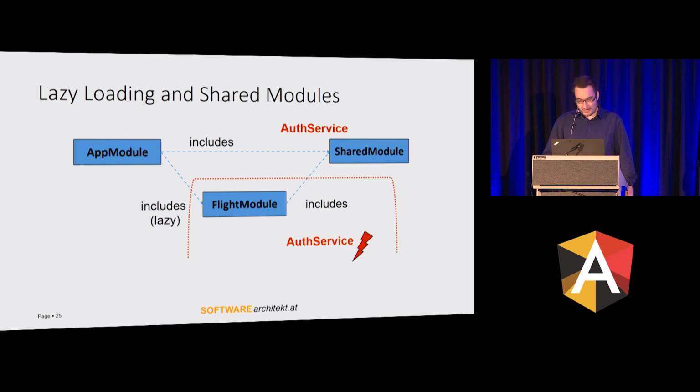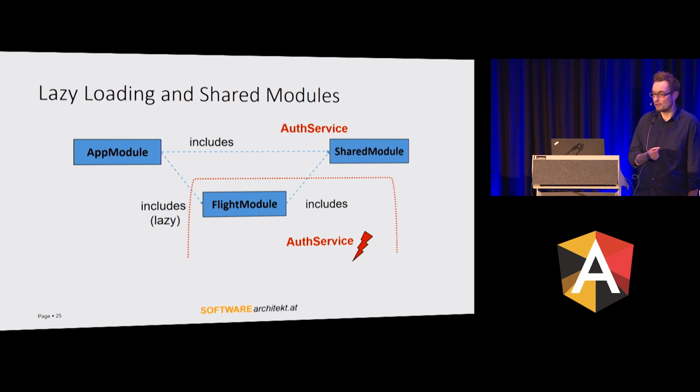And as a matter of fact, a lazily loaded module has its own injector, and for this reason, it has its own dependency injection scope. And for this reason, the flight module gets its own auth service because it also includes the shared module. So in this case, we have two auth services.